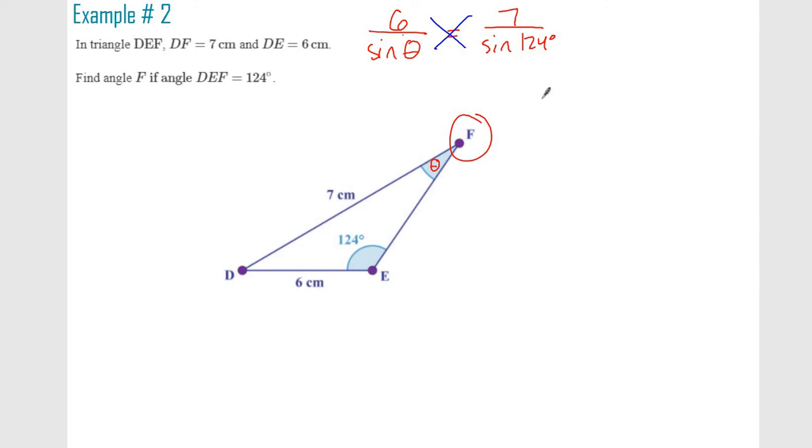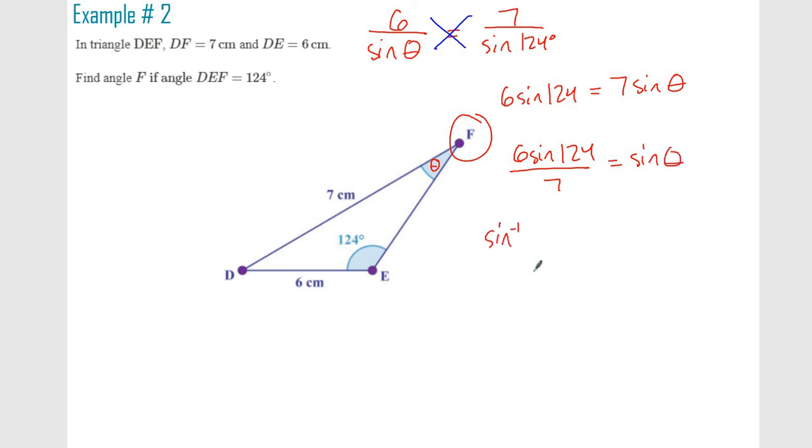So we end up with 6 times sine of 124 is equal to 7 sine of theta. So then we do 6 sine of 124 over 7. And then we do the inverse sine of that.